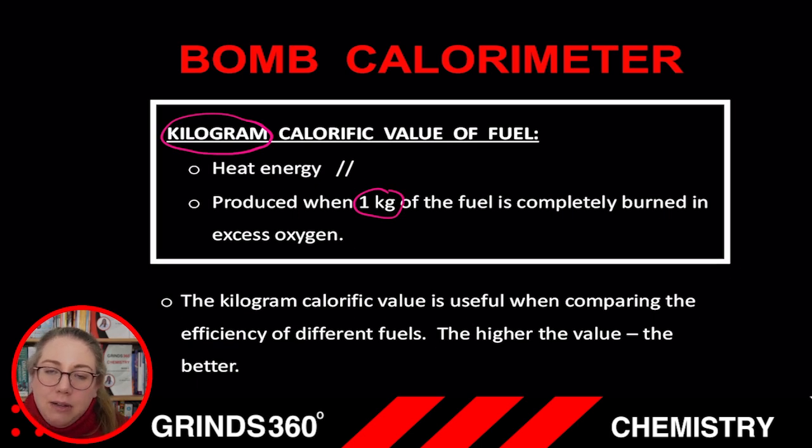The kilogram calorific value of a fuel is useful when comparing the efficiency of different fuels. The higher the value, the better. If you have a fuel that's really light, and that light fuel emits loads of energy when it burns, that's the ideal scenario, because it's light but has a high kilogram calorific value. That 1 kilogram of fuel will release loads and loads of energy, so it's an efficient fuel.